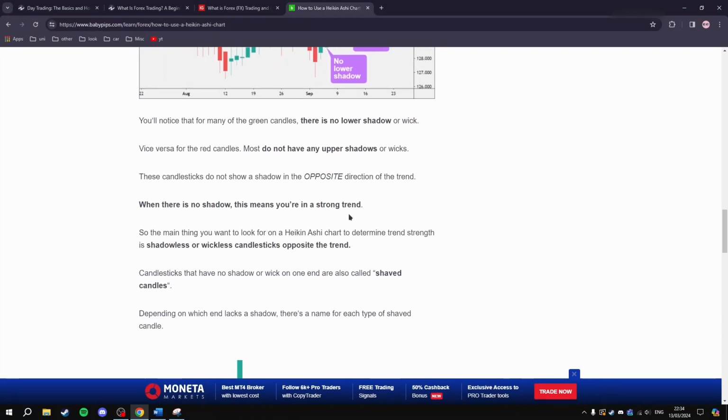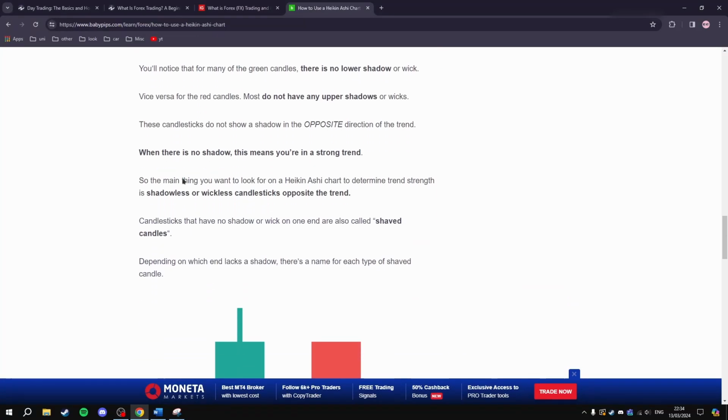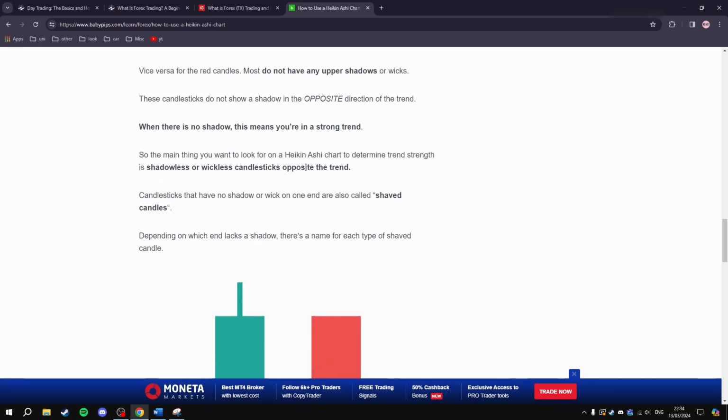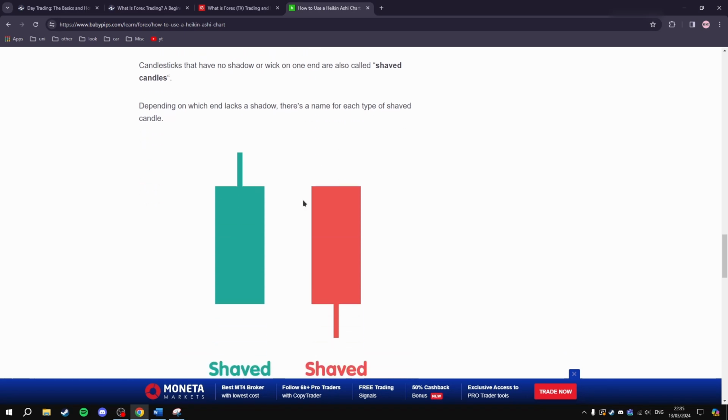When there is no shadow, this means you're on a strong trend. So the main thing you want to look for on the heikin ashi chart to determine trend strength is shadowless or wickless candlesticks opposite the trend. Candlesticks that have no shadow or wick on one end are also called shaved candles.